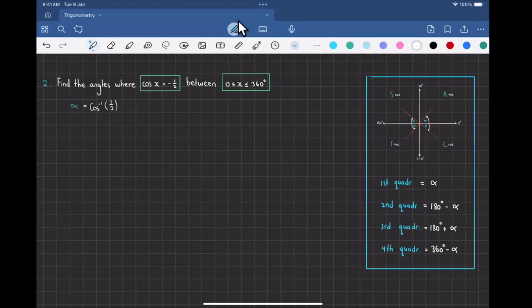Yes, perfect. So in the second and in the third quadrant. Excellent. So you should know what to do from now. So figure it out.